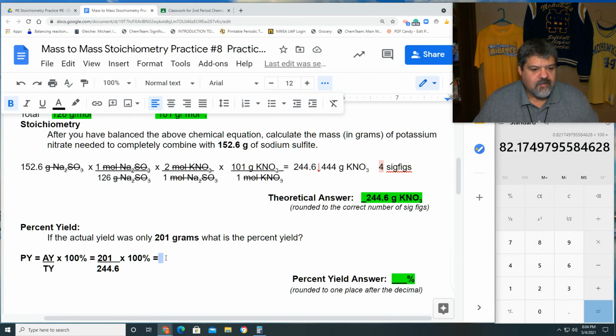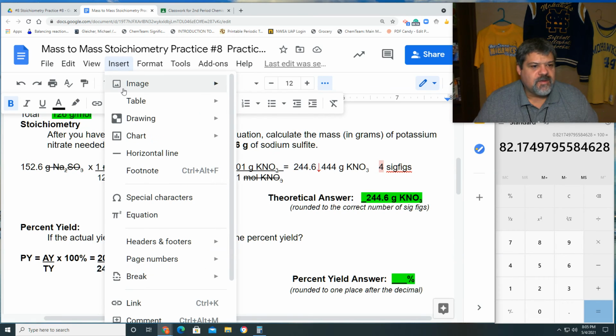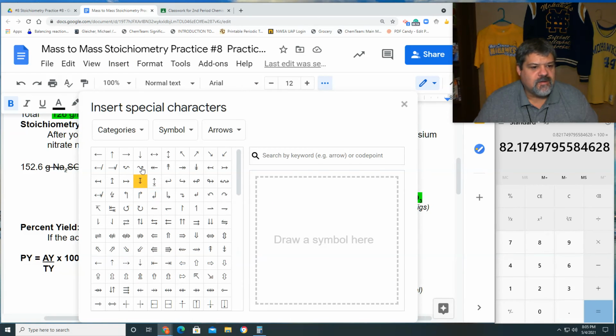So we're going to write that down, 82.174. I don't need to go any further than that because when we do a percentage, percentage only goes one number after. So that's what this says, round one number after. So we're going to round right there. We're going to insert a special insert in there. In this case, again, we're going to go up.